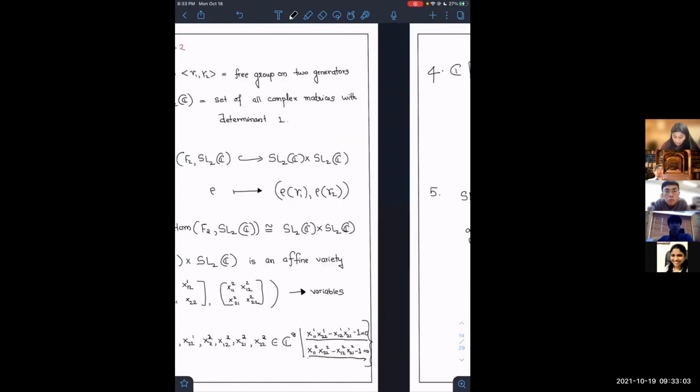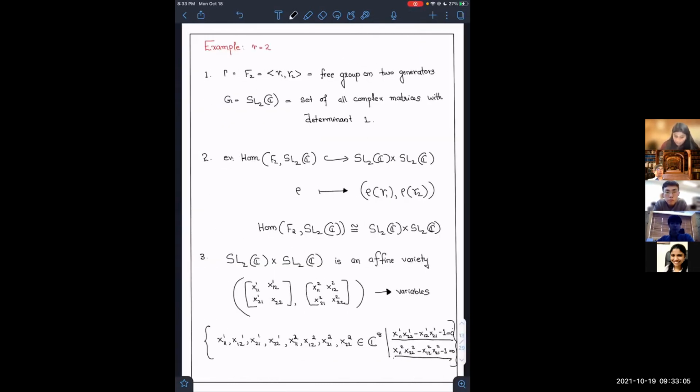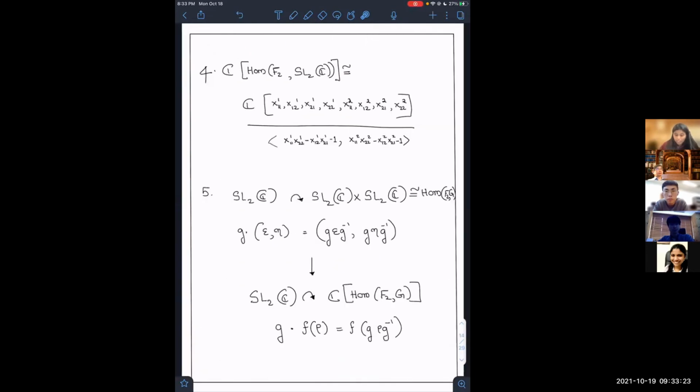Like I mentioned earlier, this is the polynomial that we want. So these polynomials give this variety, SL2C. If we want to find the coordinate ring, we have 8 variables, so we are looking at the polynomial ring in 8 variables, and we are quotienting it out by the set of polynomials that gives the variety structure on SL2C squared.